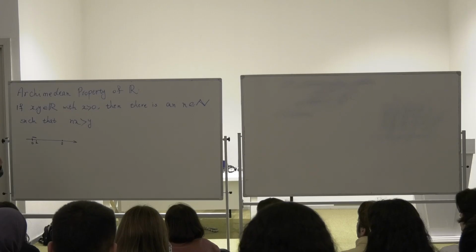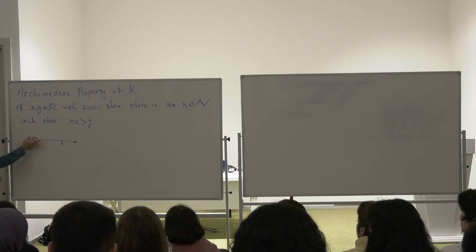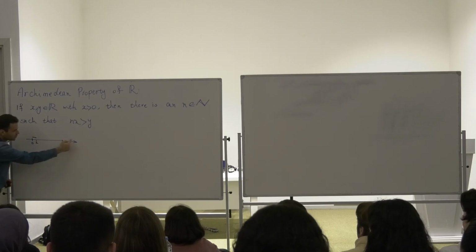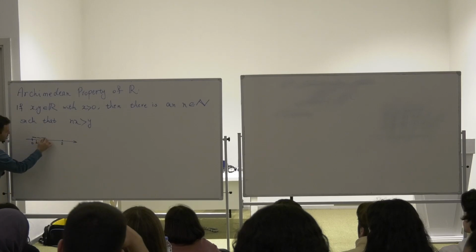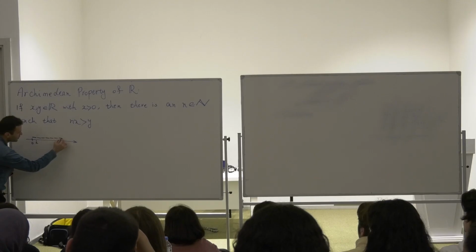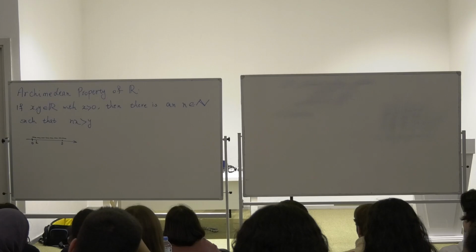The Archimedean property of R is saying that we can take this small unit and add it to itself enough times such that, no matter what real number you select, we are going to pass it over. It means that if you put this 1 time, 2 times, 3 times, 4 times, 5 times, 6 times, 7 times, we passed it. What does this mean?